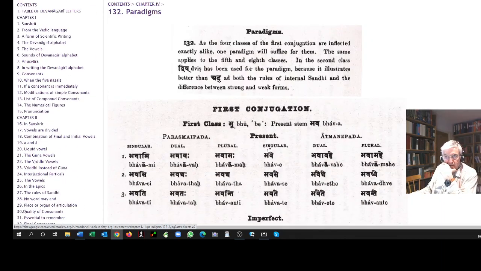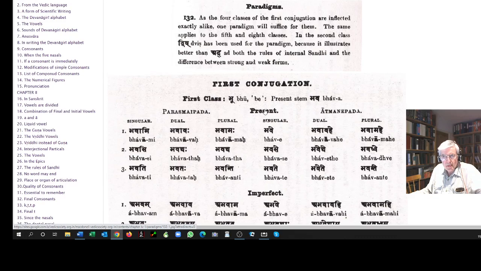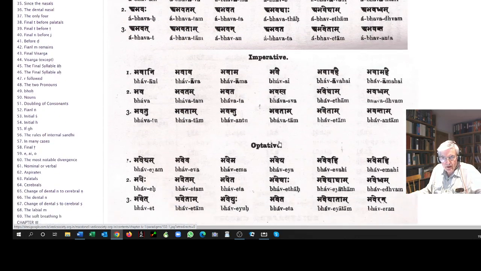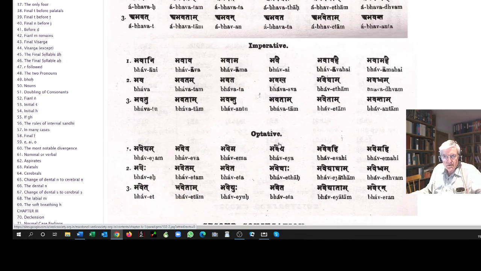So, as I mentioned earlier, just these 4 tenses are affected by which class a verb is in: the present, the imperfect, the imperative, and the optative. And you'll see that for Sanskrit, there are kind of 9 plus 9 forms for each tense.